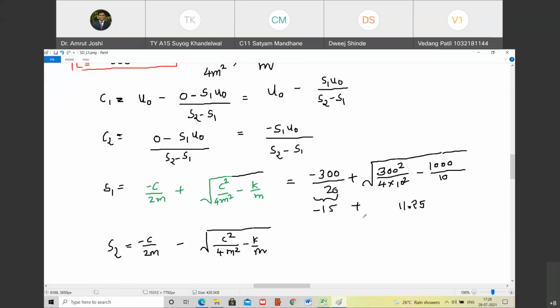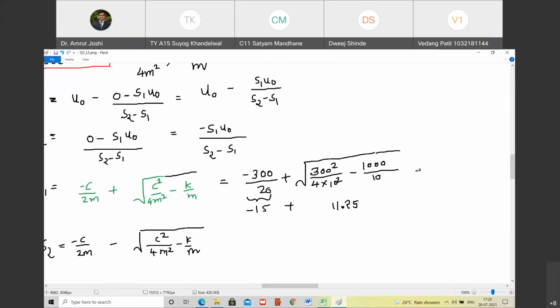Okay, 11.25. So S1 is going to be minus 15 plus 11.25. Tell me how much is that? Have you made some mistake? So it is minus 3.75. I need independent confirmation. Someone else please confirm this value 11.25 and tell me.